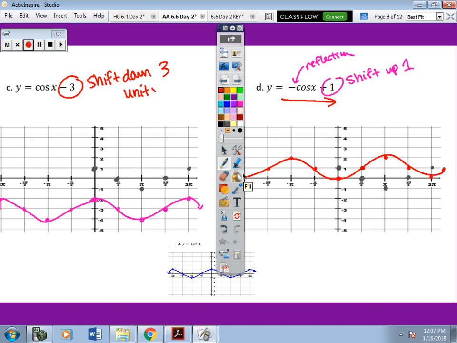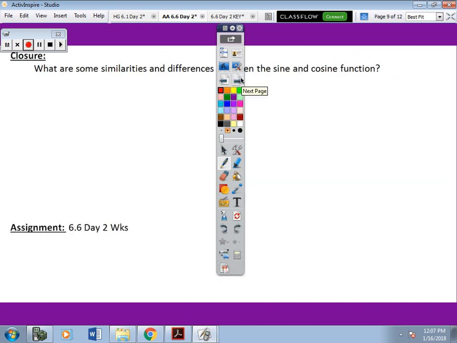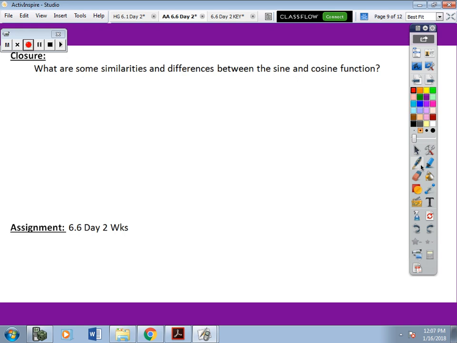So the closure says, what are some similarities and differences between the sine and cosine function? And this is actually going back to last week. Yes. The similarities would be their domain and range. Some of you also say they're shaped the same because they're both curved.